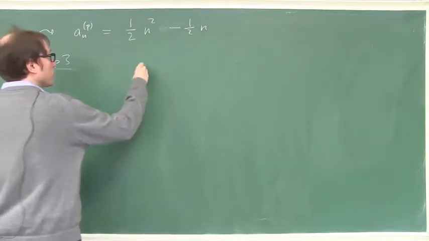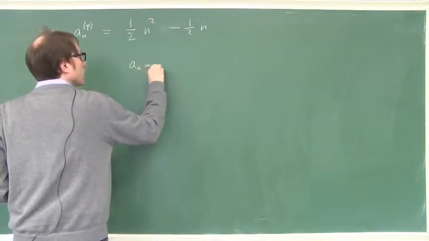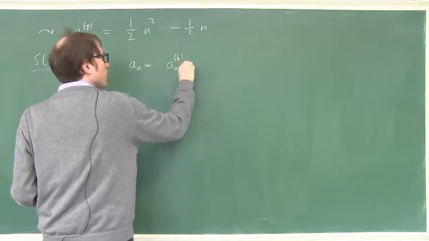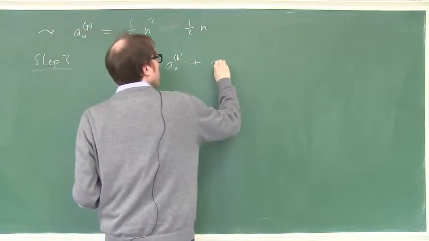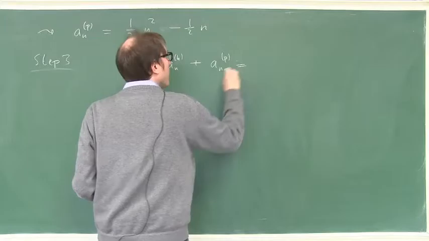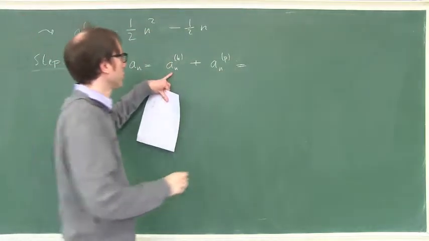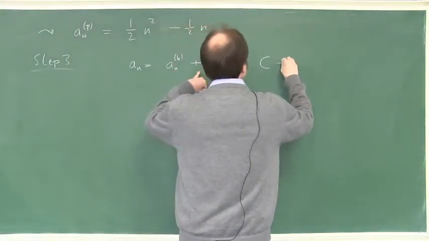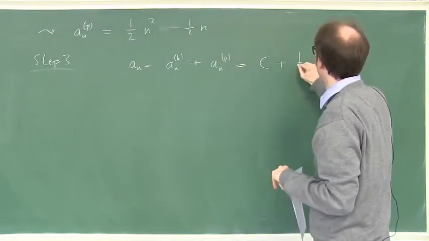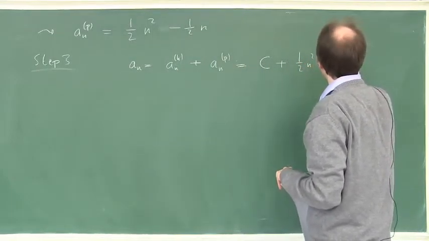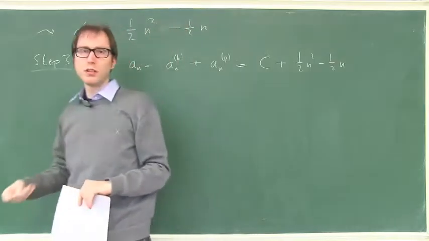We have a homogeneous solution. So a_n should now be thought of as a_n^h, the general homogeneous solution, plus the particular solution. In this case, the homogeneous solution was just a constant, plus 1/2 n squared minus 1/2 n. And so we have one constant left.